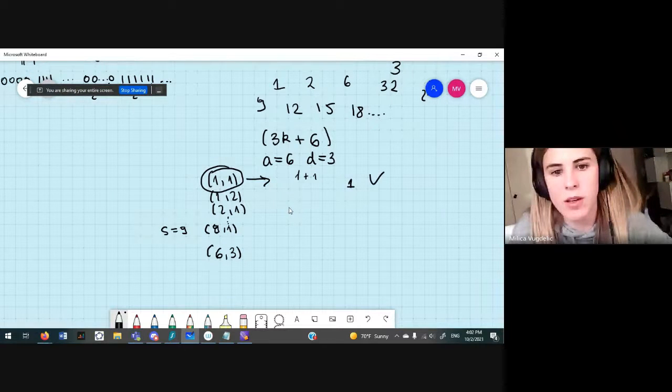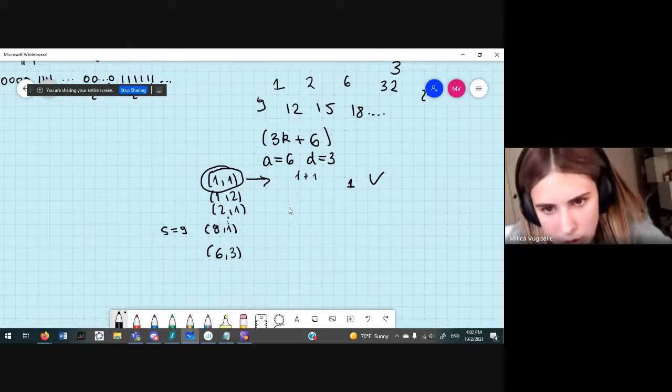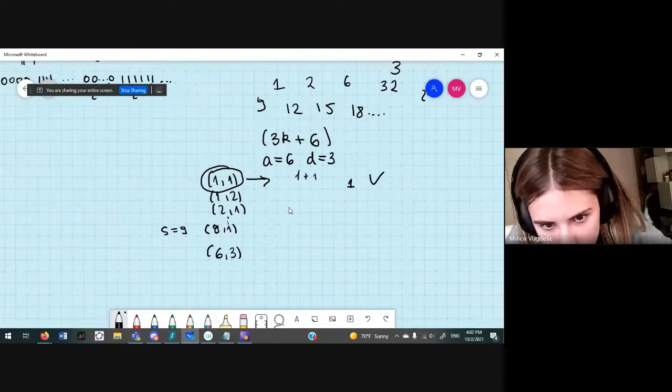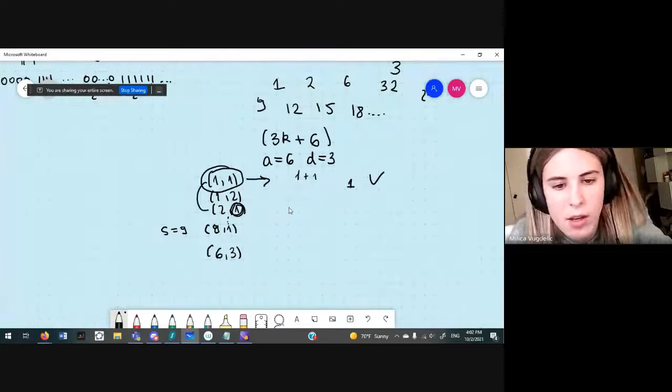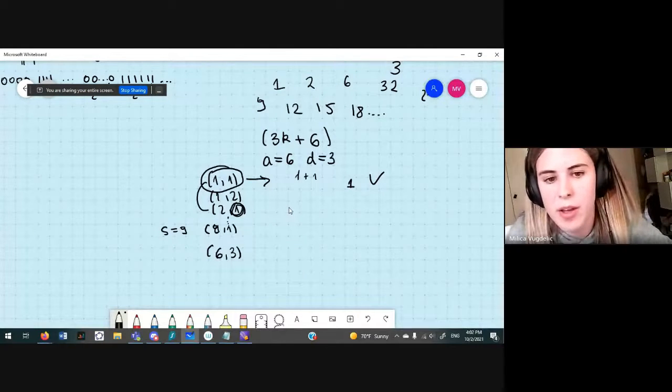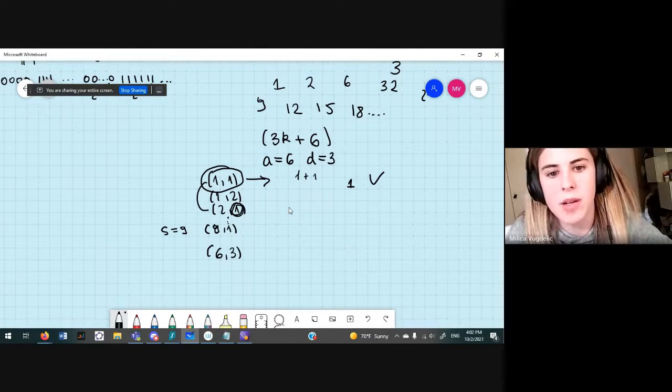And the next one, I mean, these are all kind of trivial, right? These ones with D equal to 1 don't make any sense because we already took care of them. And the next one would have to be of the form 2k plus 1, right?